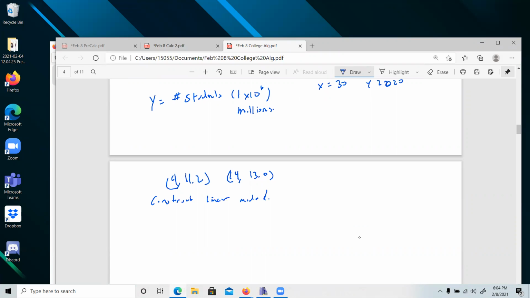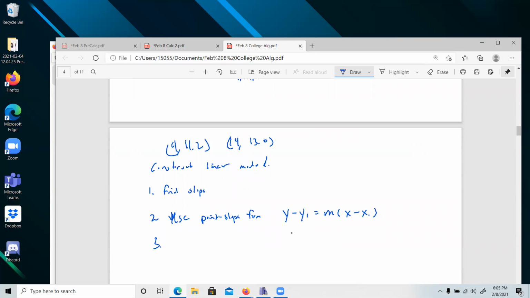So our first step here, we have 2 points. We're going to find our slope. Second thing, we are going to use the point slope form, which is y minus y1 equals m times x minus x1, excuse my heater.